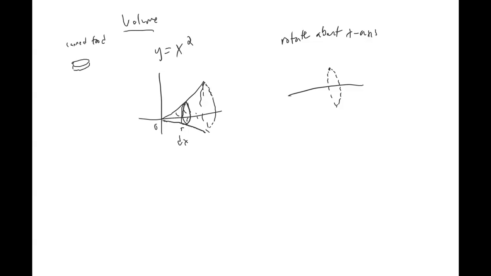How would you find the volume? If I told you the base is the circle and the height is dx, if I gave you a base and a height, what's the volume?